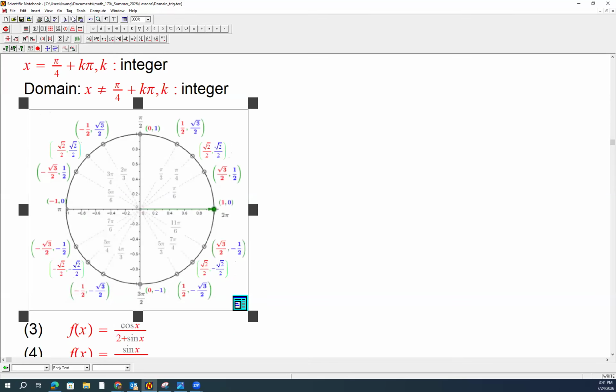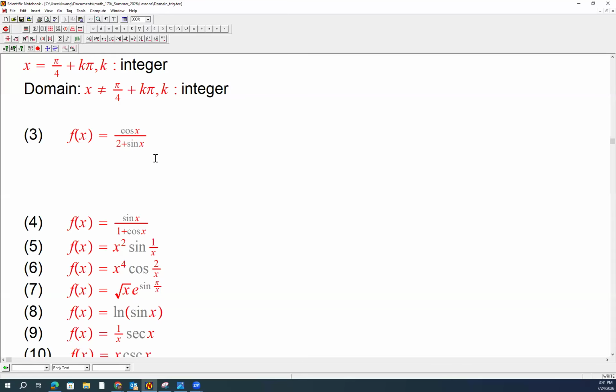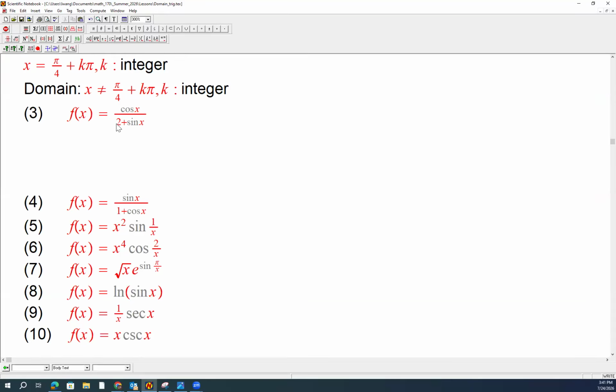Number 3. We have cosine x on the top and 2 plus sine x in the denominator. We want to make sure that anything that makes this denominator equal to 0 is not in the domain. However, in this case, we need to recall that sine, no matter what the input x is, is going to be between -1 and +1.